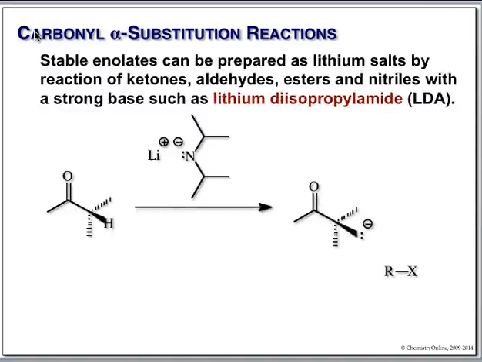Again, we're using this resonance form as our nucleophile. And all we do is stick the alkyl group here at the alpha carbon. This works with enolates that are not as cooperative as aldehydes and ketones, and we'll see examples of this in just a little bit.